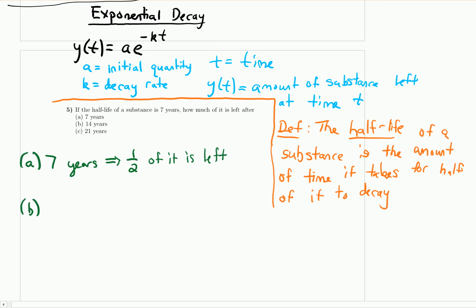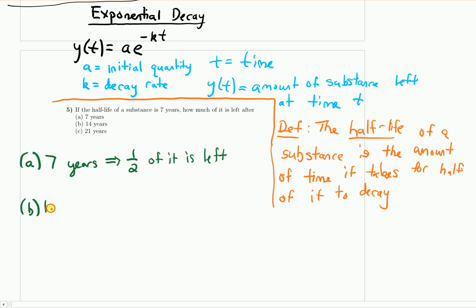Part B is saying how much of the substance would be left after 14 years. If 14 years have passed, that means first 7 years passed, and in 7 years, 1/2 of the substance decayed. Over the next 7 years, which completes the 14, 1/2 of what was left decayed. So that means 1/2 of 1/2 is left.